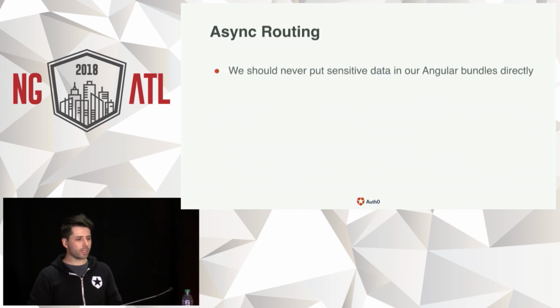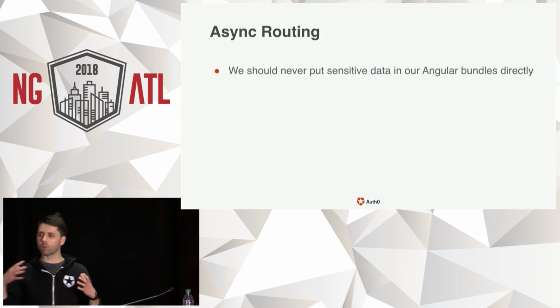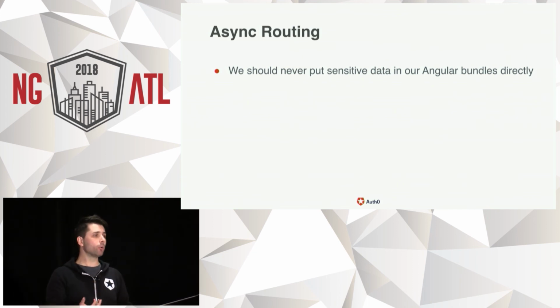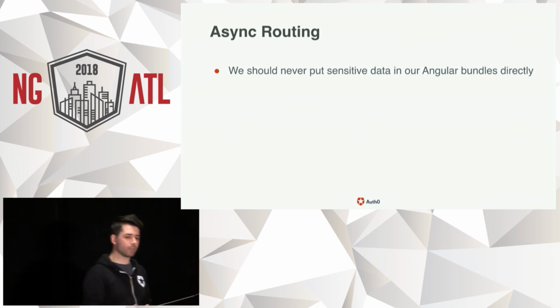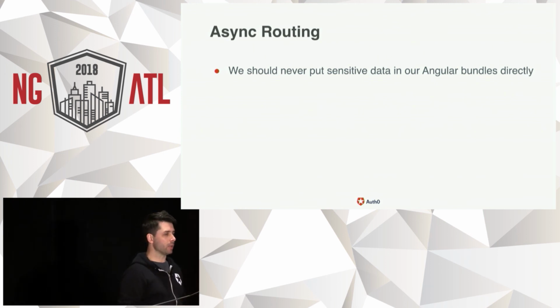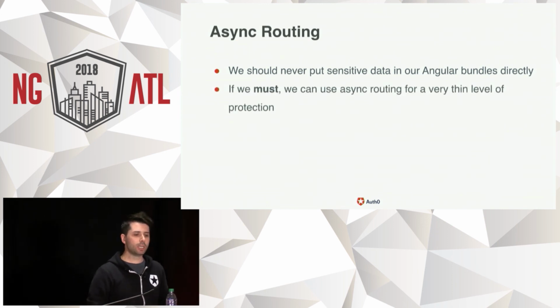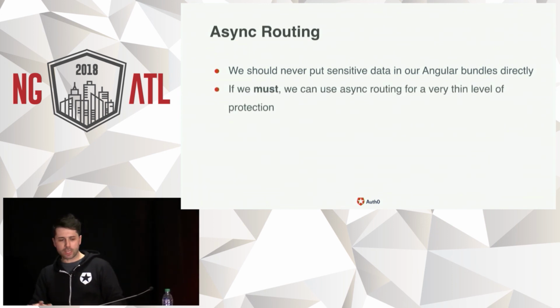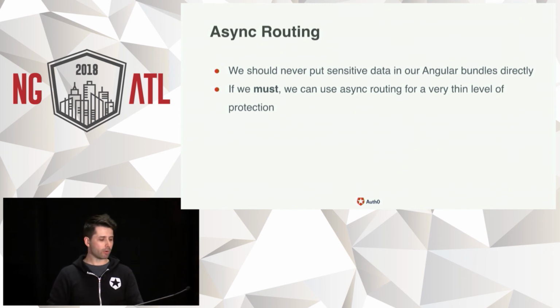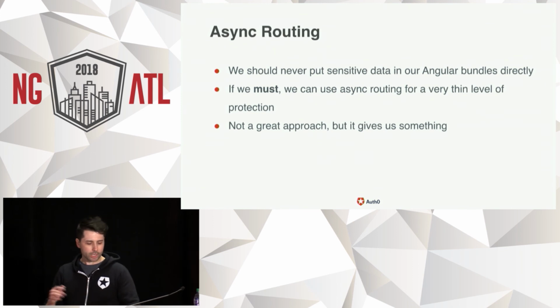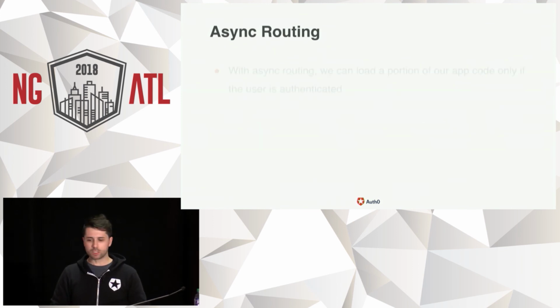With async routing, you can have the portion of your application that might have something a bit sensitive only be loaded when a certain route is navigated to. And before that route is navigated to, we've got to check whether or not the user should get access to it. Again, this is just a very thin level of protection, not really anything that I'd recommend for actual sensitive data. So not a great approach, but it does give us something.